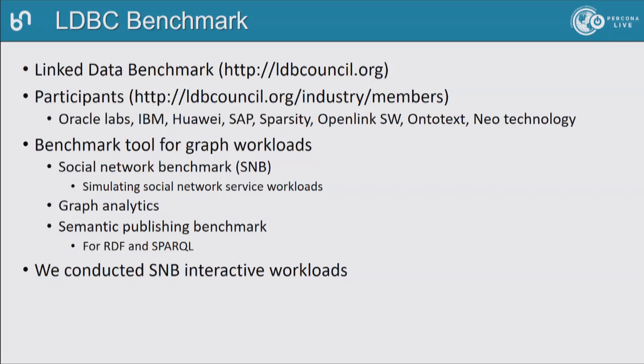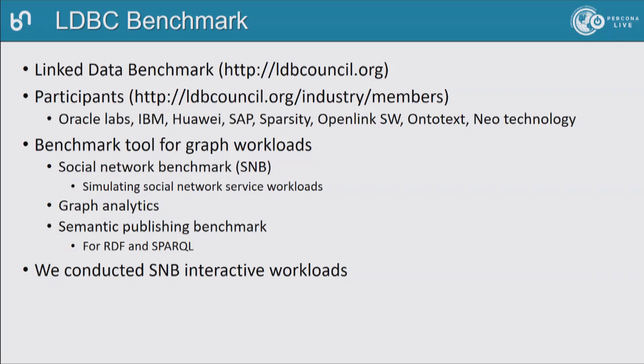The first one is the social network benchmark called SNB. This one simulates a social network service like Facebook. In this benchmark, users create friendships and write posts and comments, and they can like the posts or comments of their friends. It is an OLTP workload and similar to the TPC-C benchmark.